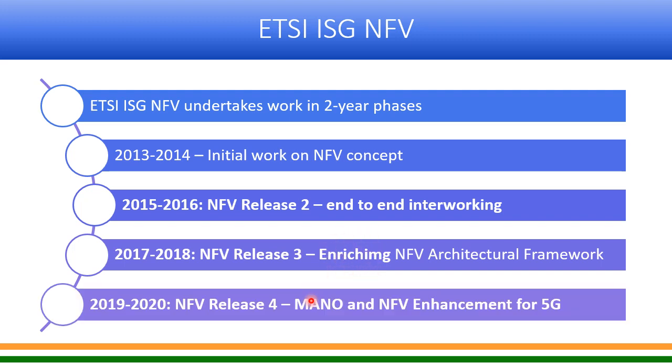And release 4 is still being worked on, and within 2 years there may be 1, 2 or 3 drops. A few drops have come out. This release is focusing on the MANO part, management and orchestration, and also NFV enhancement for 5G is happening in release 4. So this is important for 5G.